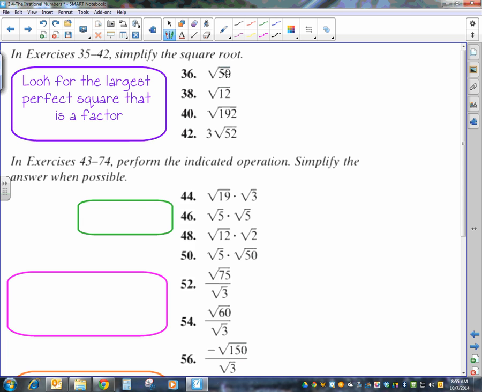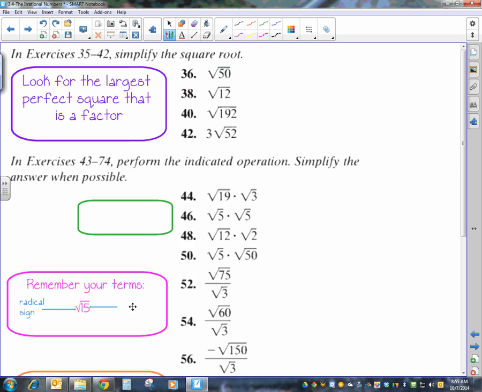Let me review some terms down here. We have an expression looking like the square root of 15 right here. In the square root of 15, the actual symbol, the thing that looks like a check mark or division symbol, is referred to as the radical sign.